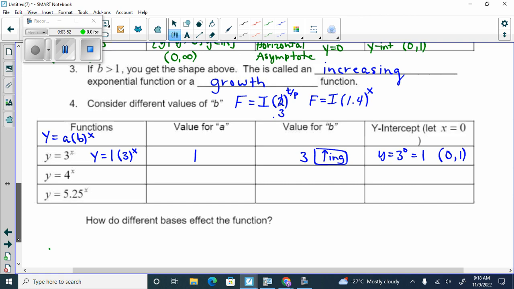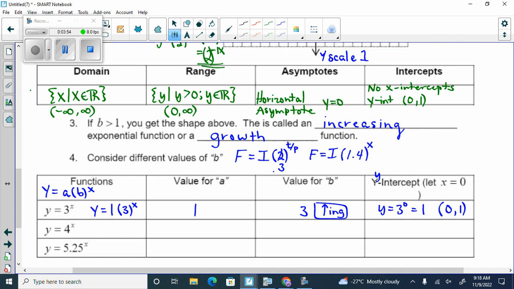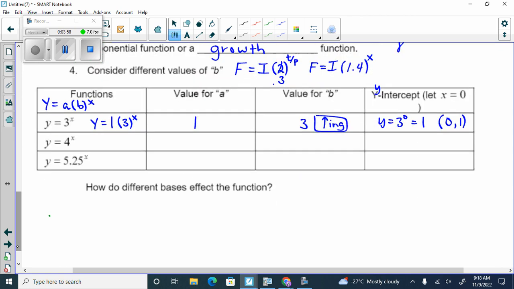Exactly. So this one's going to be 4 to the power of 0, which is 1. And then this one is 5.25 to the power of 0, which is still just 1.